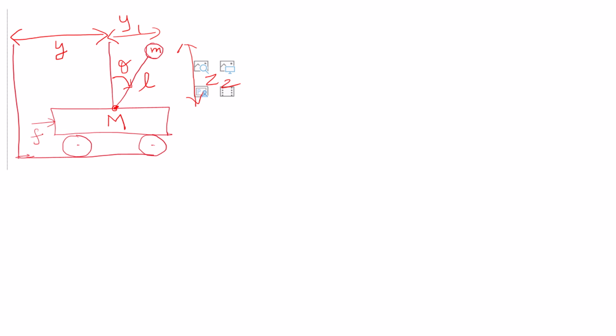The equation of motion for this system depends on both the cart motion as well as the bob motion. First, let us consider the moving cart. The potential energy associated with the cart when it is at rest is equal to 0.